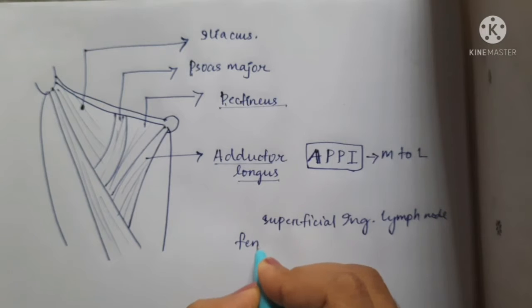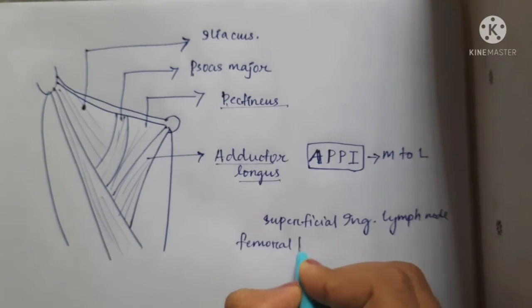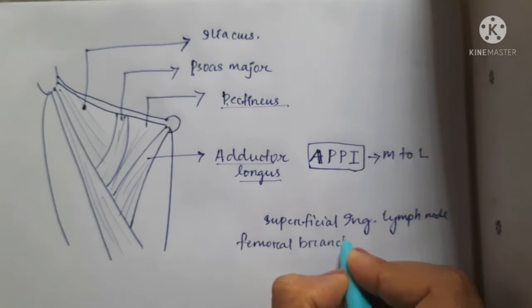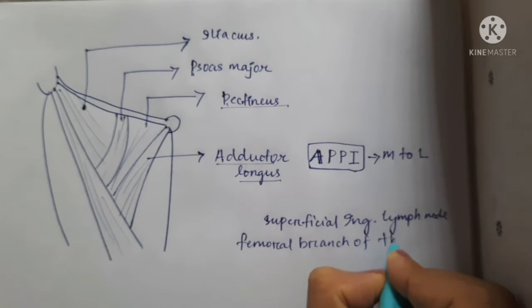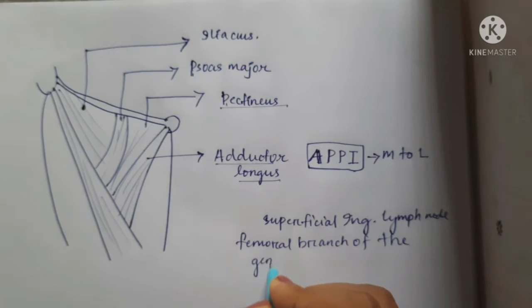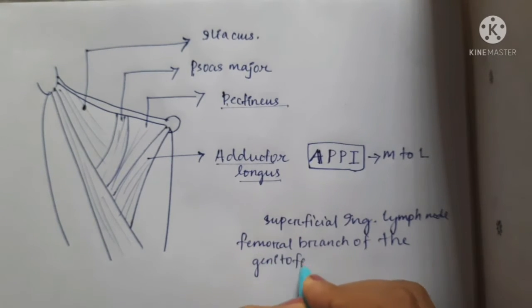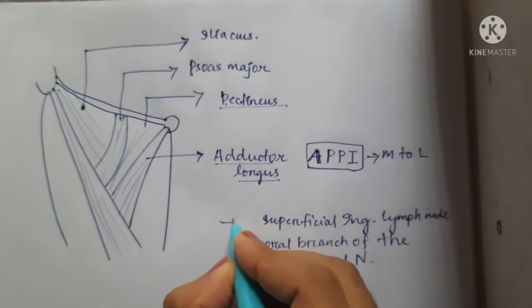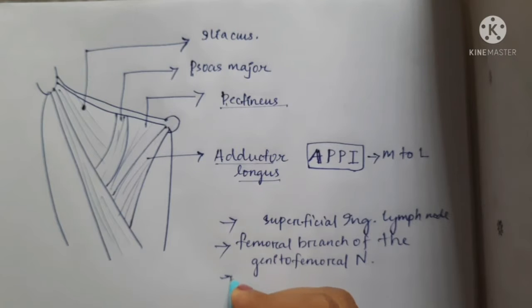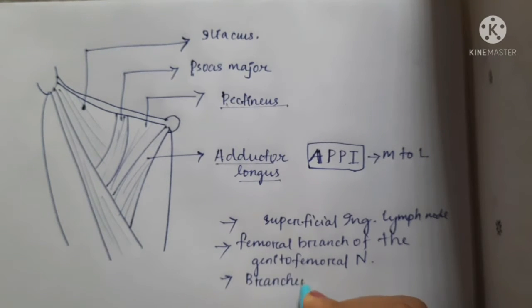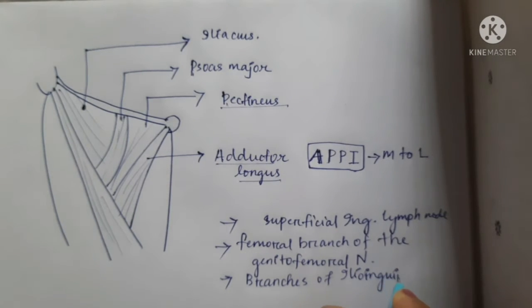Then the femoral branch of the genitofemoral nerve. Then comes the branches of the ilioinguinal nerve.